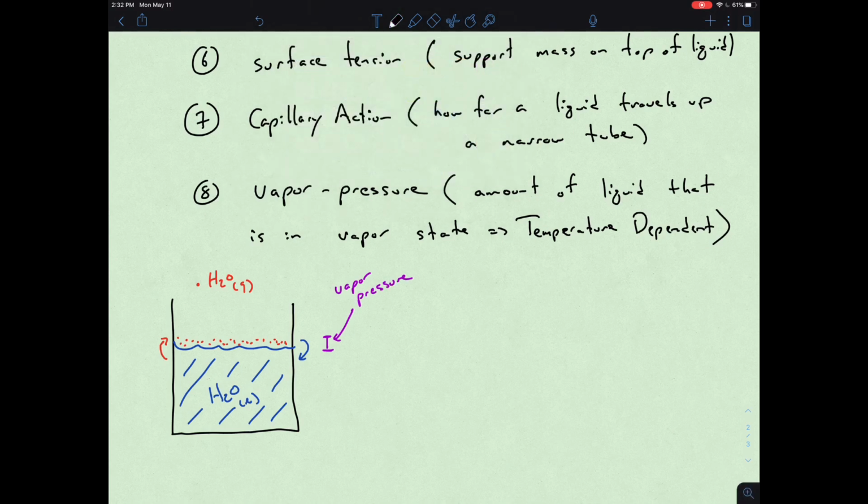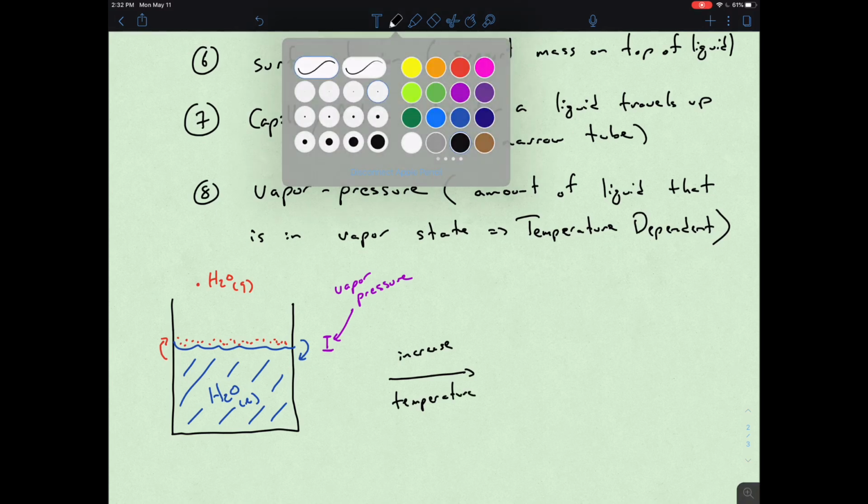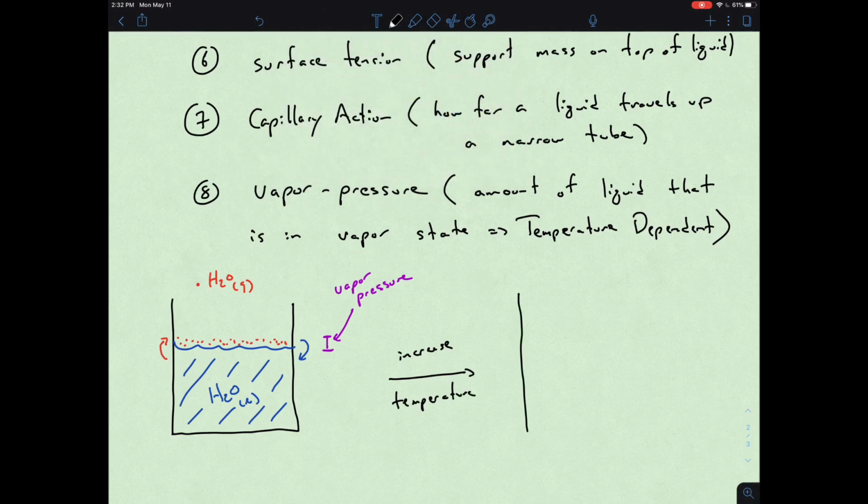If we increase temperature, we find that vapor pressure increases as well. So if I have my beaker, still roughly the same amount of water, right now with that increase in temperature, we just find that there's a lot more in that vapor state.